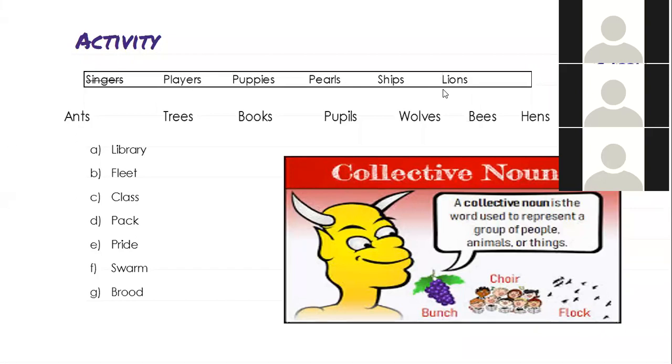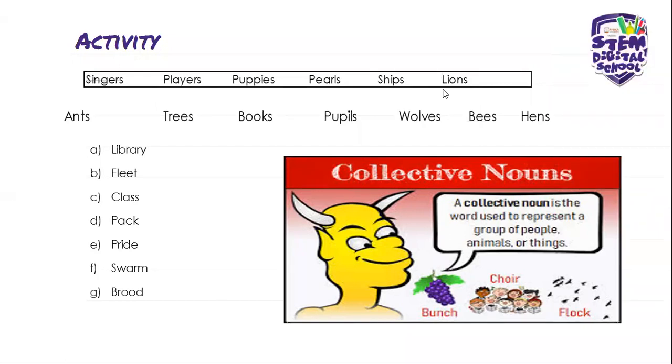For the library, Mashori. Someone has left their mic unmuted. Mute your mic. Piwa, mute your mic, please. Mashori, can you give us the answer for library?